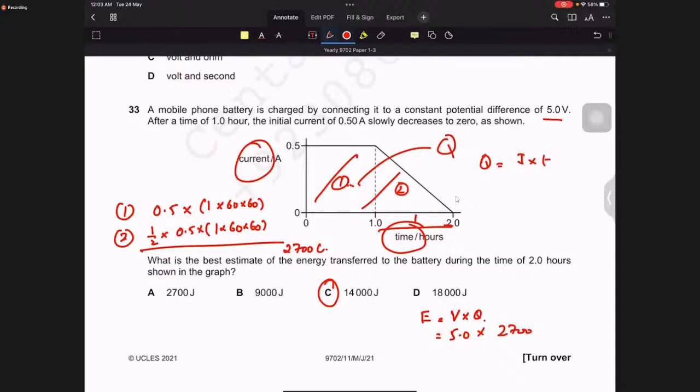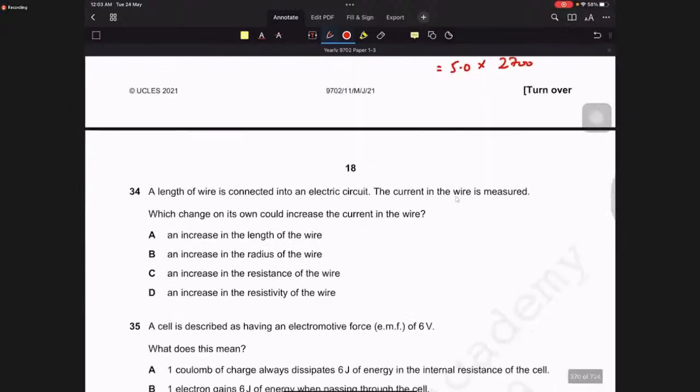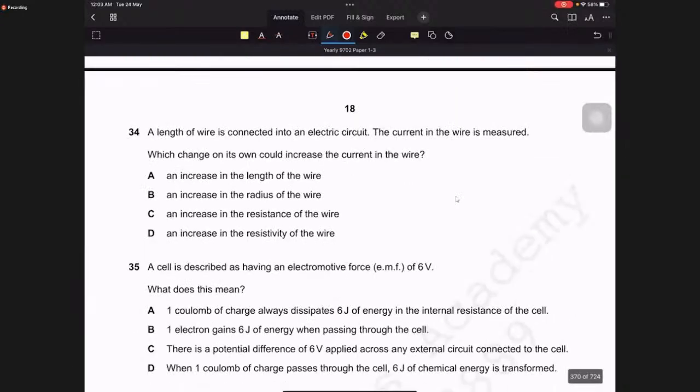Pretty simple here. And then a length of wire is connected to an electrical circuit. The current in the wire is measured. Which change on its own could increase the current in the wire? So resistance is equal to rho L upon A, where L is the length of the wire. And resistance is voltage over current.